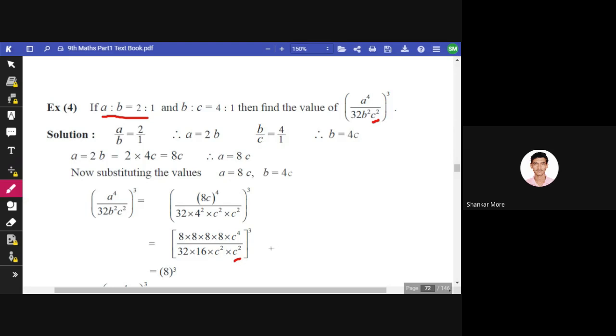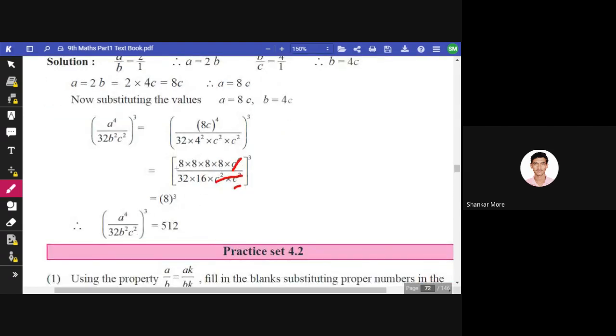ओके, सो यहां तक सॉल्व हो गया। Now this c square into c square becomes c raised to 4, so this c raised to 4 and this c raised to 4 get cancelled, right? Now what is remaining? 8 into 8 is 64, I guess. 8 ones are 8, 8 twos are 16, right?